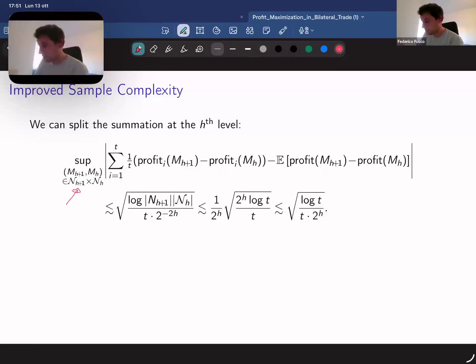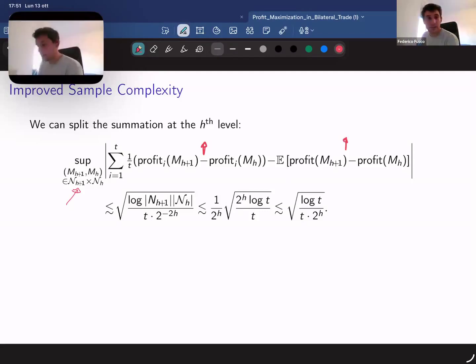And here you see I have the empirical difference, the empirical gap between the mechanism at level h+1 and the mechanism at level h. And here you have its expected value. So what you're trying to learn.